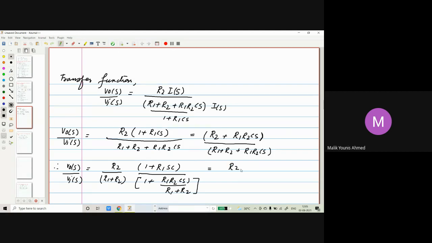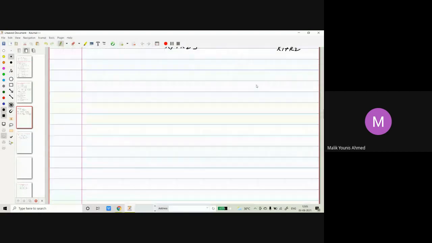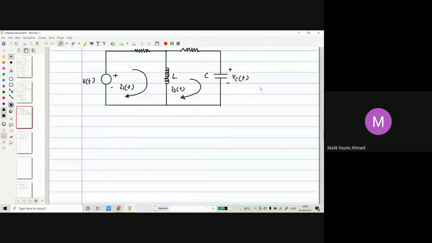So that will be R2 divided by R1 plus R2, and this can be further written as (1 plus R1 S C) divided by (1 plus R1 R2 C S divided by R1 plus R2). So this is your complete transfer function. Very simple, simple equations of electrical engineering.